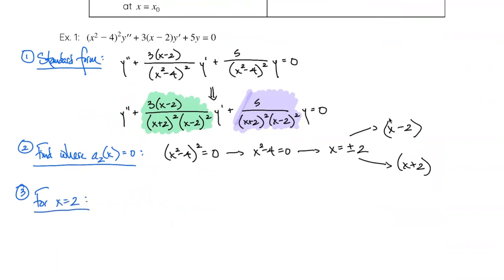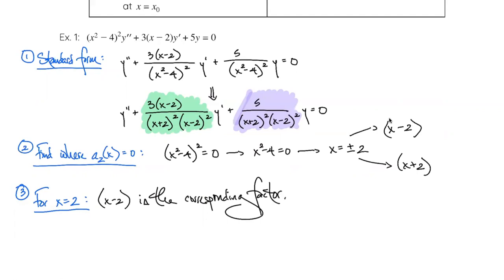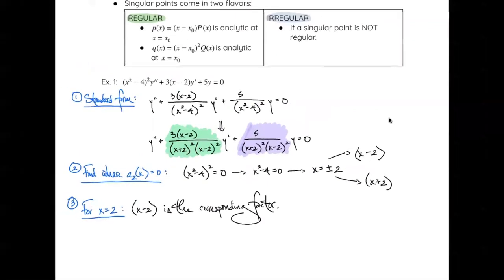For x equals 2, we know that the corresponding factor would be x minus 2. And so we're going to take x minus 2 and multiply it by our green blob P of x, to make little p of x.